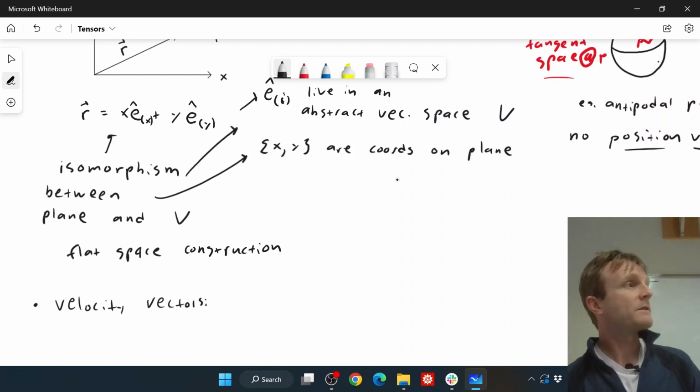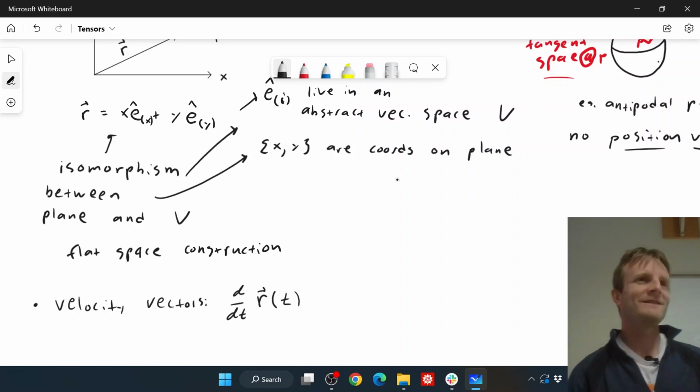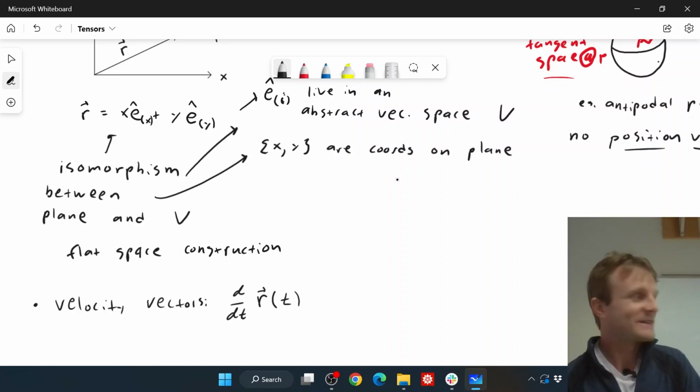So the idea with a velocity vector is you take a position vector r, which is some function. Now, usually you think of it as a function of time if it's velocity. We'll keep it as time. And what you do is you take the time derivative, right? I know you didn't pay the big bucks to take graduate general relativity for me to tell you that velocity is the time derivative of position.